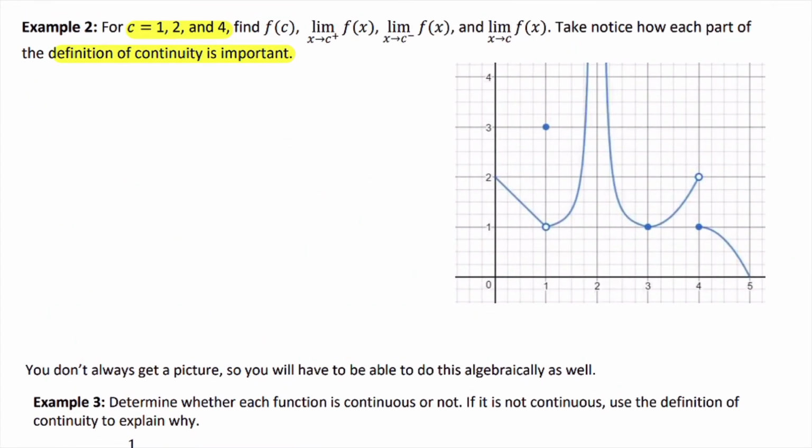So there's 3 things I'm going to set up for this one. The first one is I'm going to check at 1. So I'm going to plug in 1 for all of these C's.